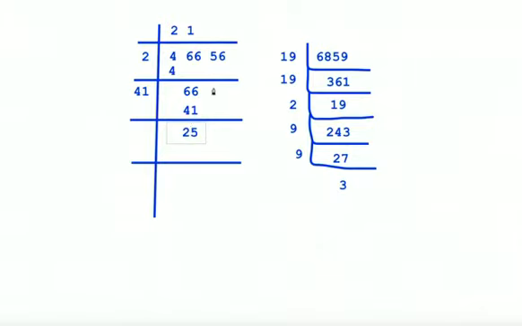This 56 also has to come down. 56. Fine. You will not agree. Now you will agree, I guess. 41 plus 1, 42. Now I have to write 42 here.